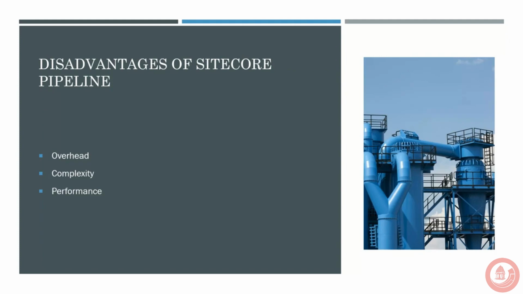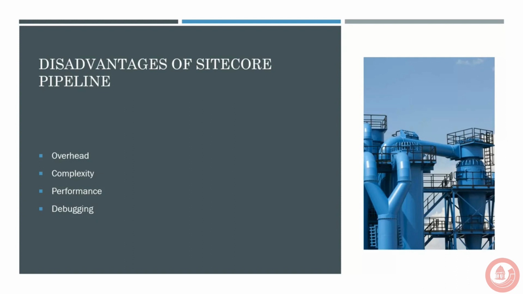Performance. While pipelines can be used to optimize performance, if you don't implement them carefully, they can have a negative impact on the performance of your website, and it's very hard to catch until you use profiler kind of tools. Debugging, as I said, if you are in the development environment, then yes, you have the option to debug it.